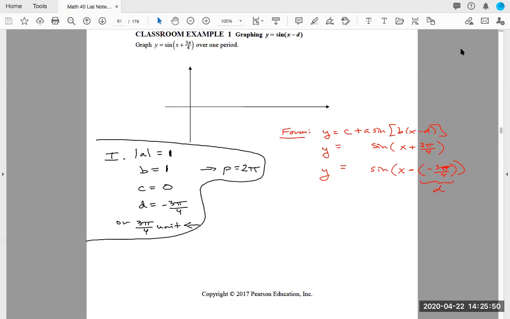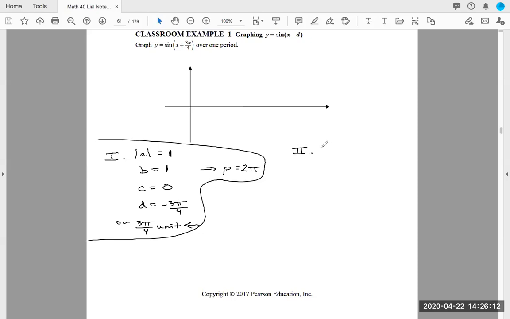Okay, save that. Let me go ahead and erase this part here. And then we're going to move to part 2, which is to find your n values, your x values that are shifted.